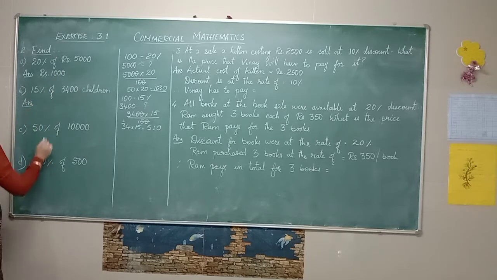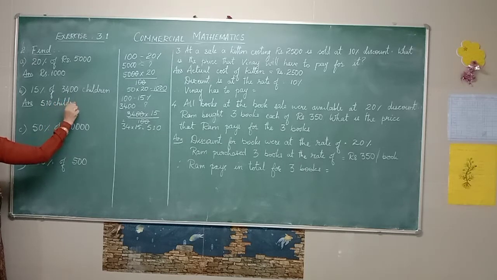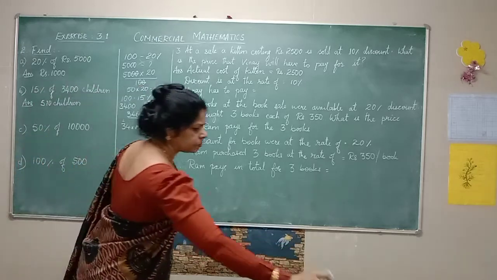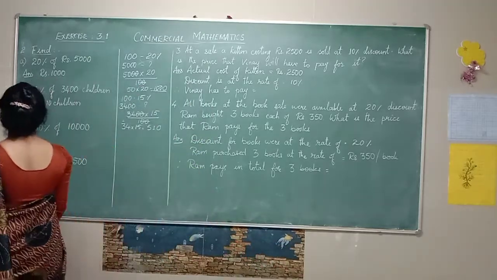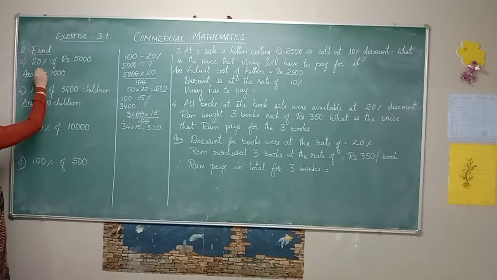Here you should write 510 children, because here they have not asked for rupees. You can just put a box and then write it, so that it will be easy for you to understand.